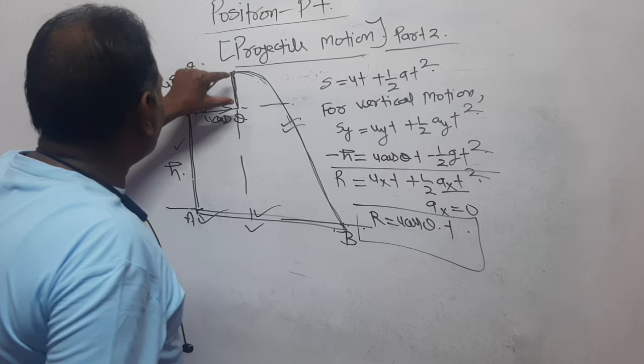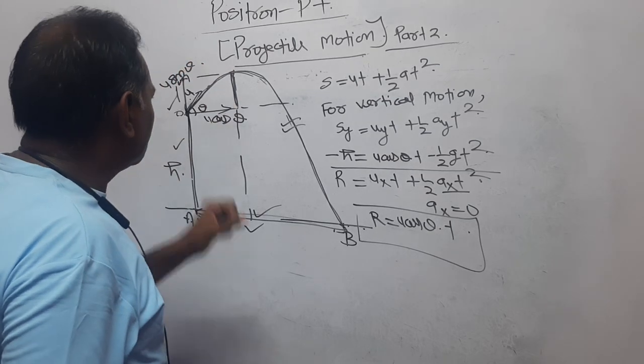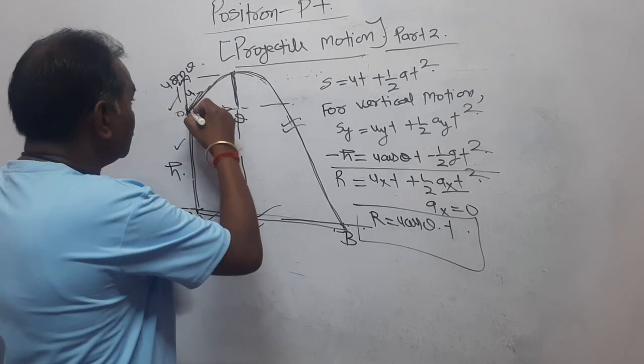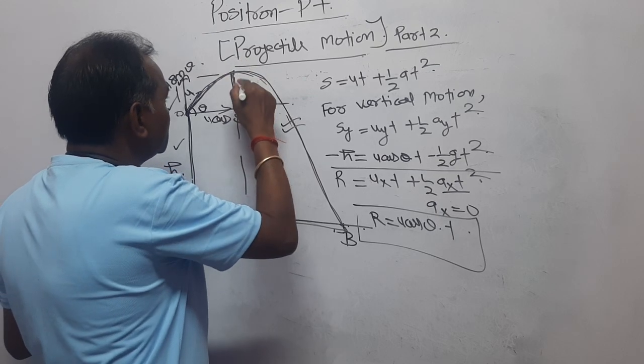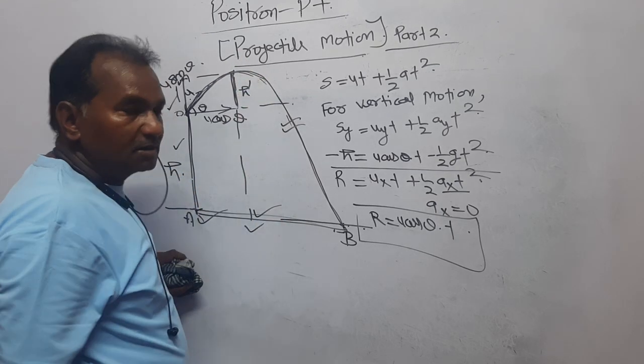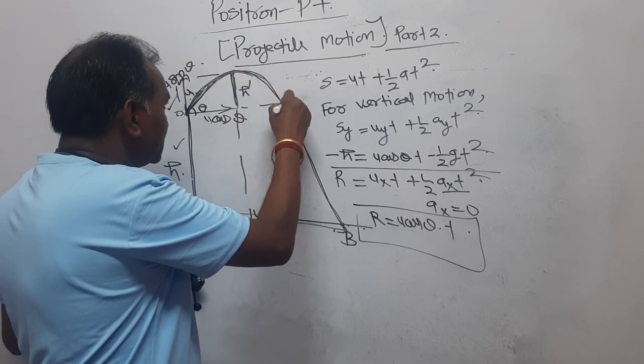Now, how can you find this one? Very simply, we are trying to find this, let it be h dash. It is this kind of projectile.